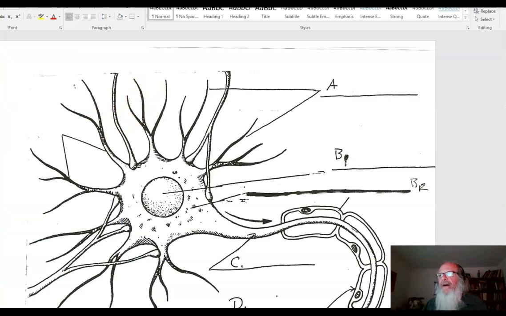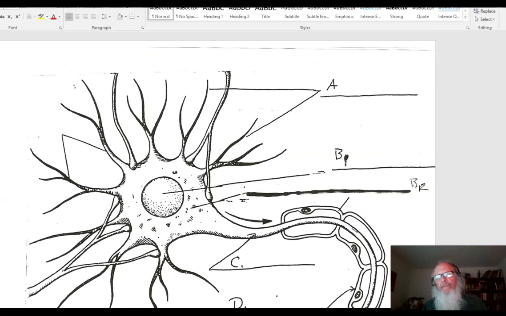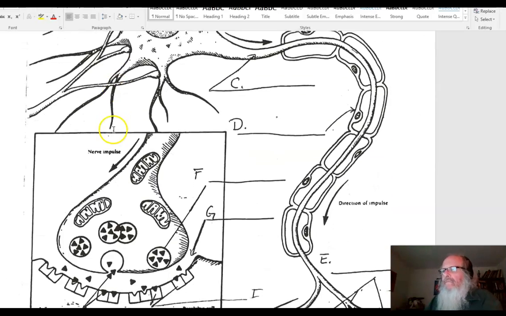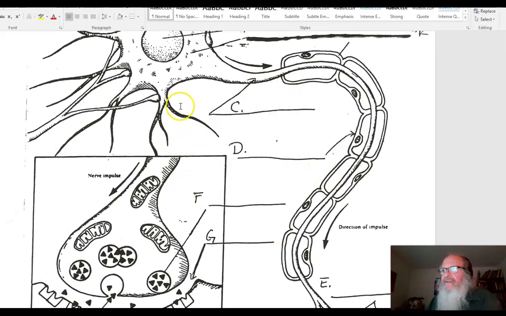So here's our neuron for overhead, and we're going to be comparing this particular image with another image that's in the slides that shows pretty much the same things in different ways. We're going to be filling in all of the blanks on this overhead except for D. We leave that for the next presentation.